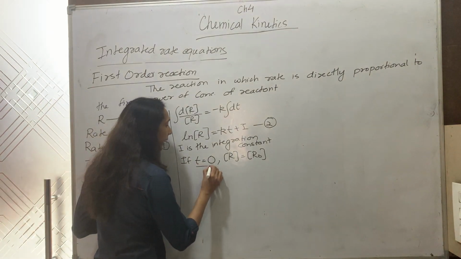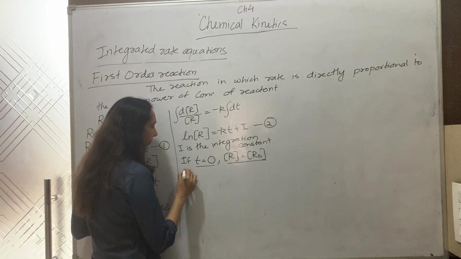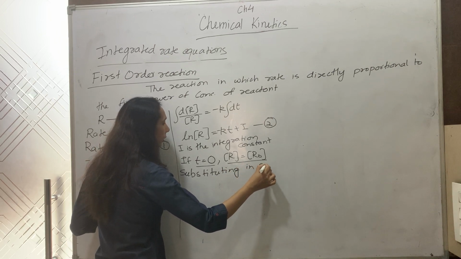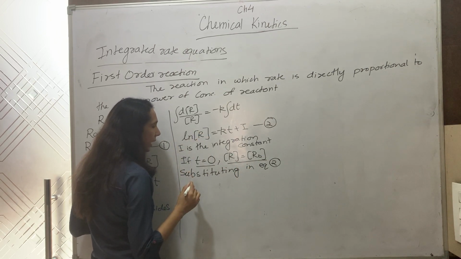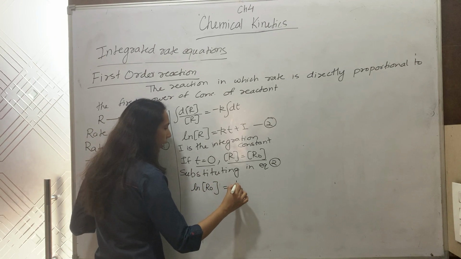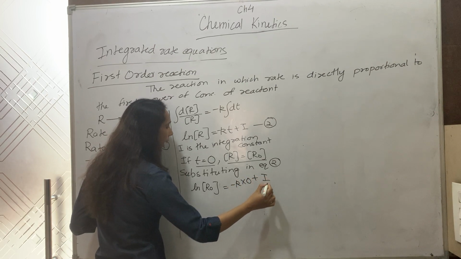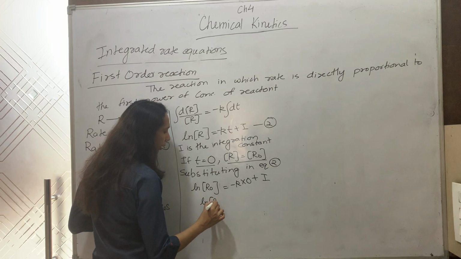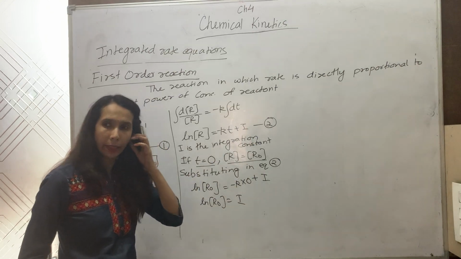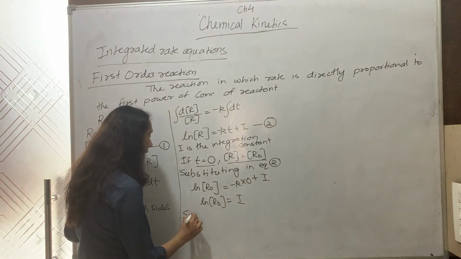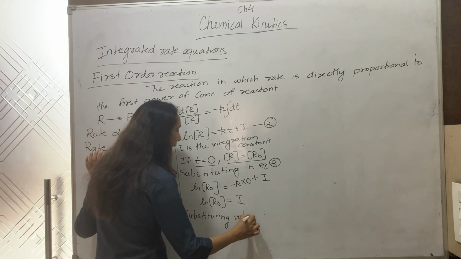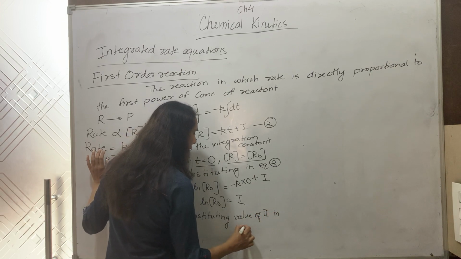I am substituting these two values in equation 2. What we get by substituting in equation 2? ln [R]0 is equal to minus k into 0 plus I. So ln [R]0 is equal to I. We know the value of the integration constant I. I am substituting the value of I in equation 2.